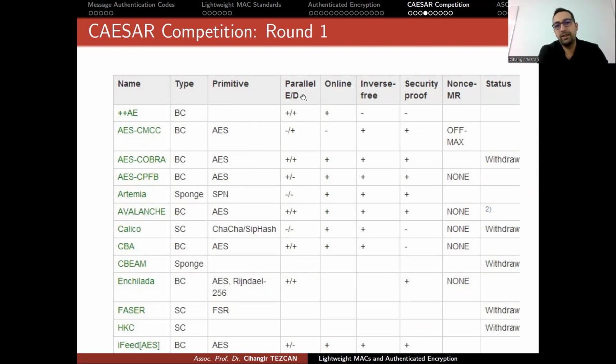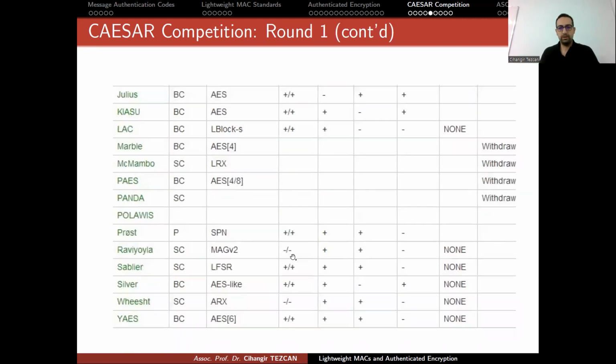You can see if the algorithm supports parallel encryption or decryption, if it is online, inverse free, if it has a security proof, if it supports nonce-misuse resistance, and so on. As you can see, some of them were withdrawn, because once people started to find weaknesses, some people withdrew their algorithms.